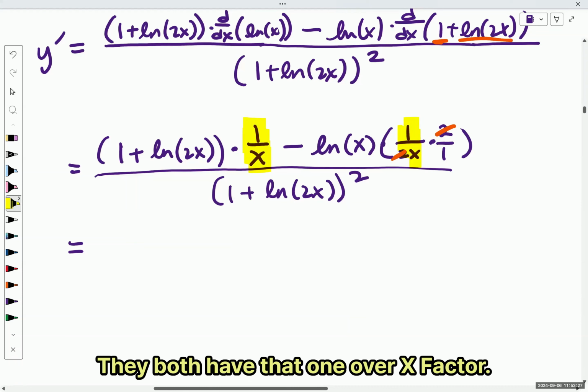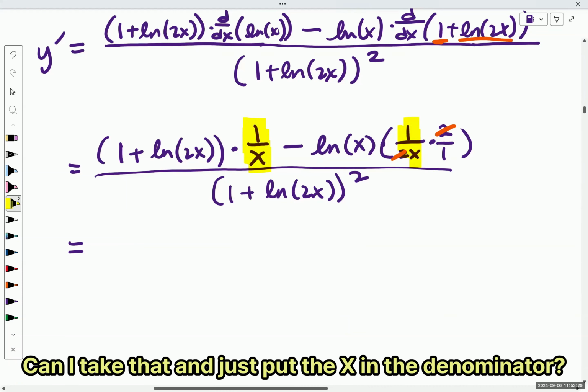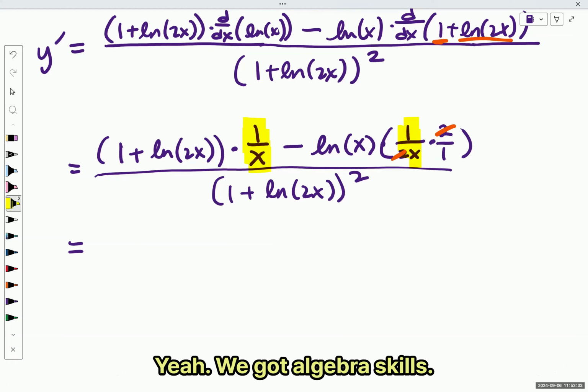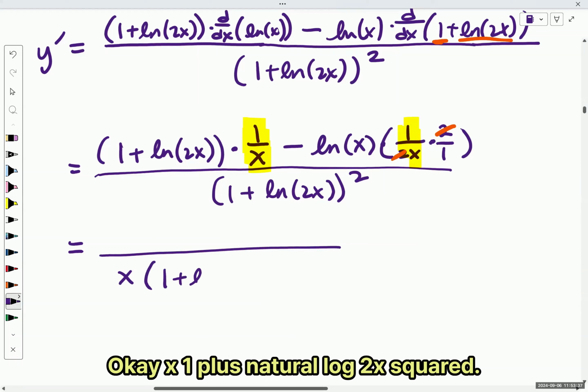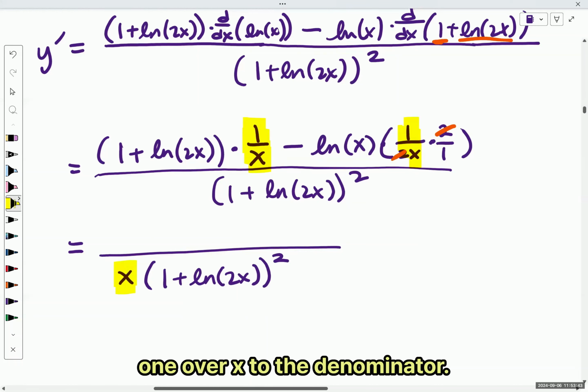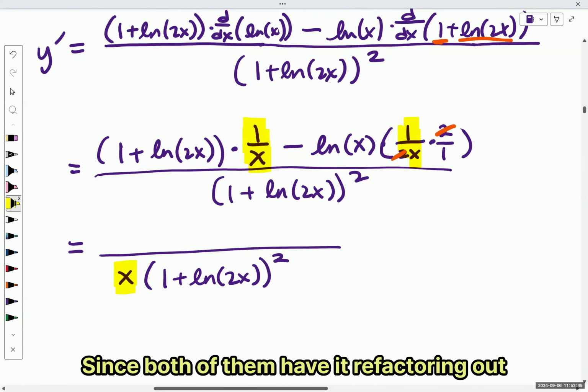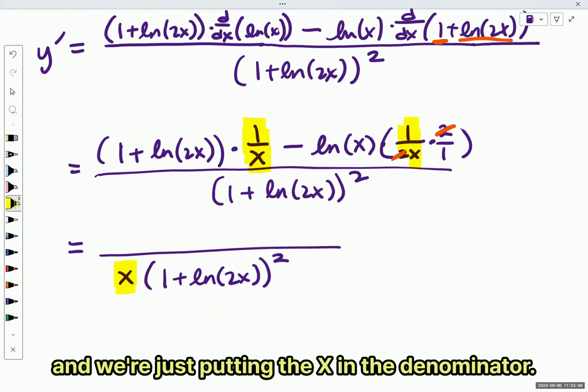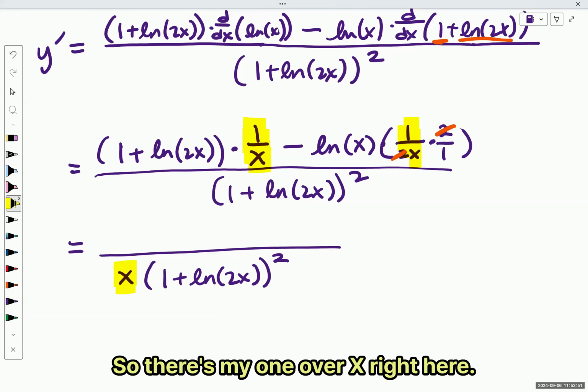They both have that 1 over x factor. Can I take that and just put the x in the denominator? Yeah. We got algebra skills. Okay. x times 1 plus natural log 2x squared. We're going to throw that 1 over x to the denominator. Since both of them have it, we're factoring out the 1 over x, and we're just putting the x in the denominator. So there's my 1 over x right here.